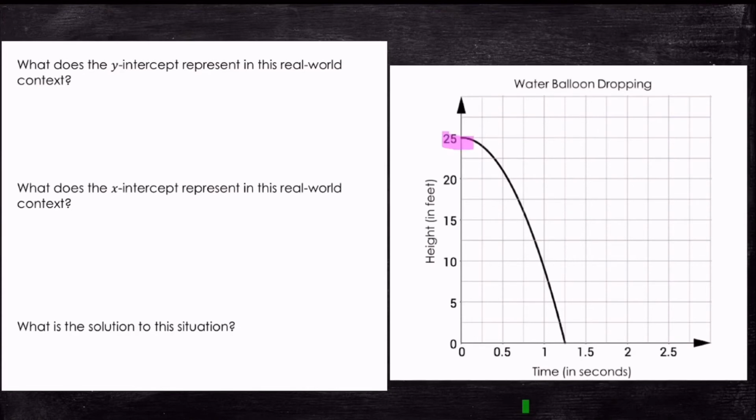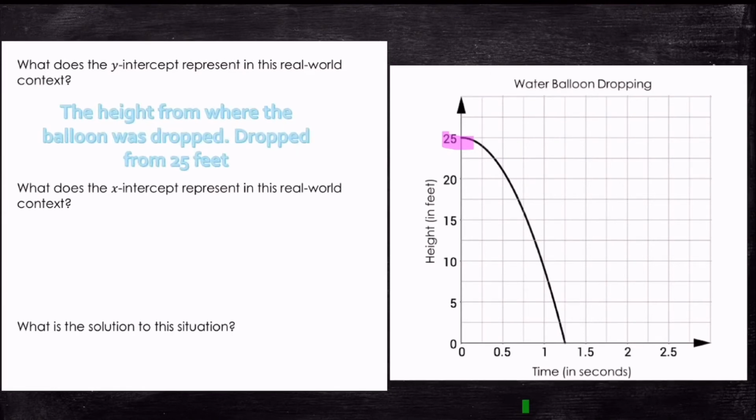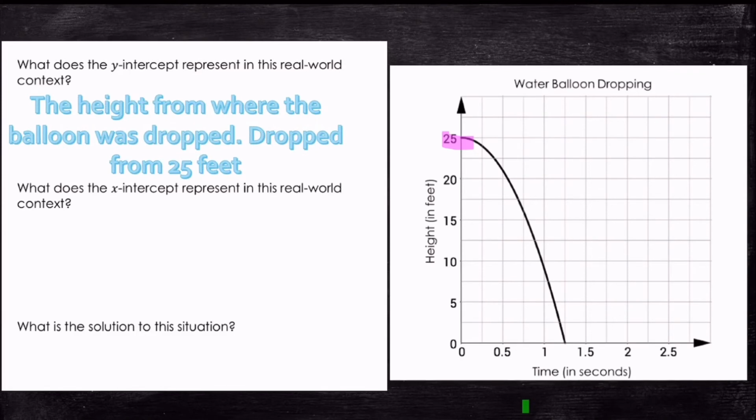Well, my y-intercept is up here at 25. What it's representing is the height from where the balloon was dropped. That is my starting point. Your y-intercept is the beginning. That's where you begin. It's the starting point of this graph, okay? So it tells me I dropped my balloon from 25 feet in the air.